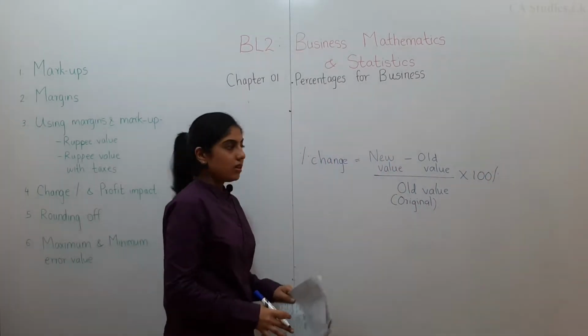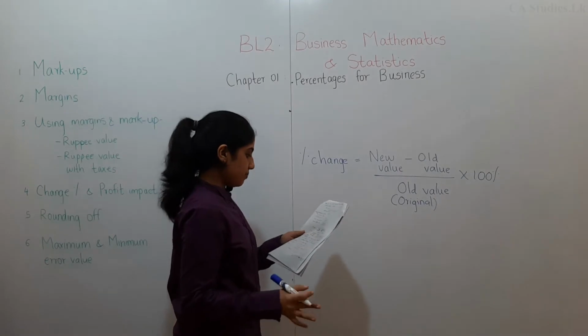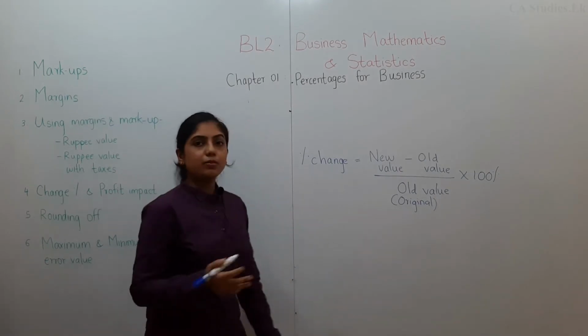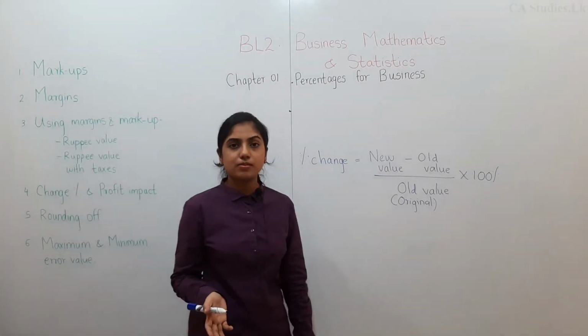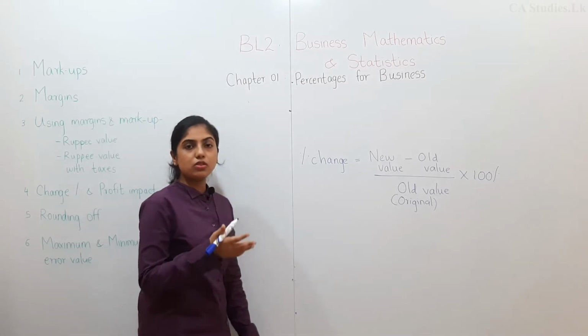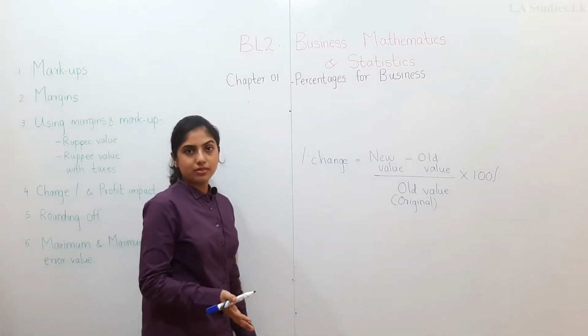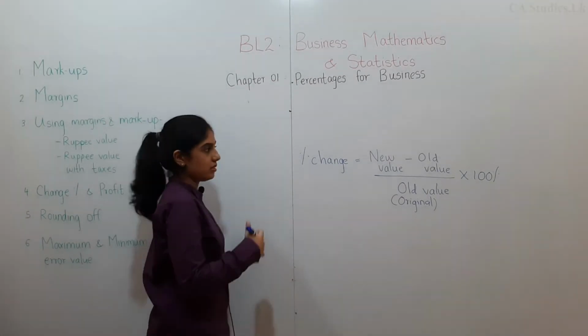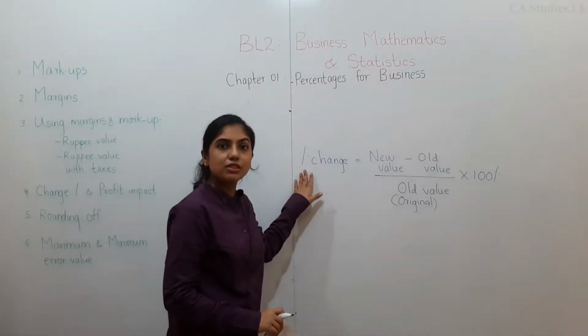Okay, let's take an example. Let's say the selling price of a product changed from 300 rupees to 200 rupees. Now let's take reduction and increase. That is the maximum possible change.